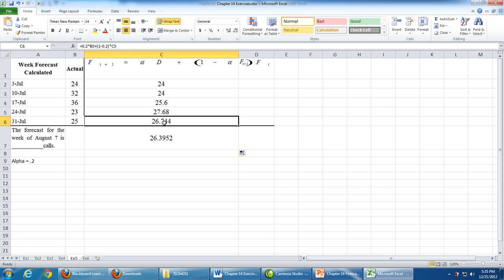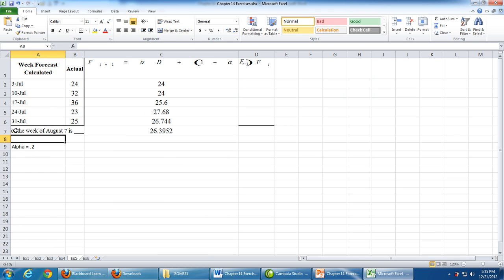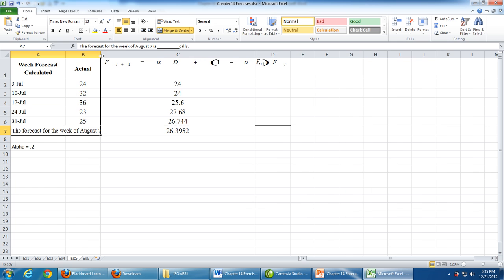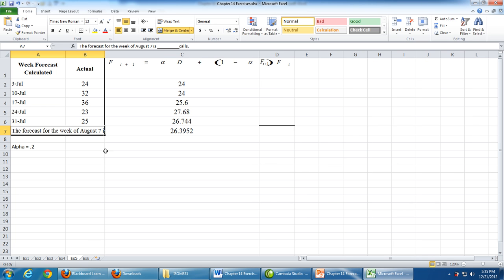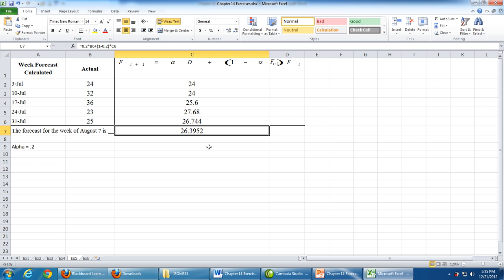So to answer the question, forecast for August 7 is about 26.4.